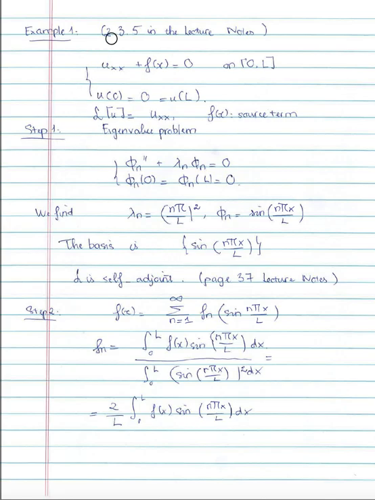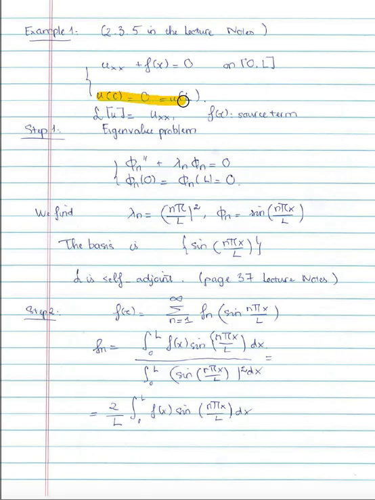The first example is example 2.3.5 in lecture notes. You have uxx plus f(x) is 0. The interval that we are considering is 0 to L. In this case, f is the source because it doesn't depend on U. uxx is the operator because it depends on u.